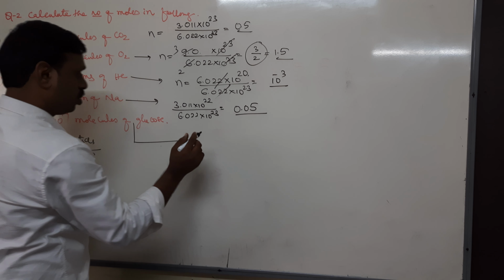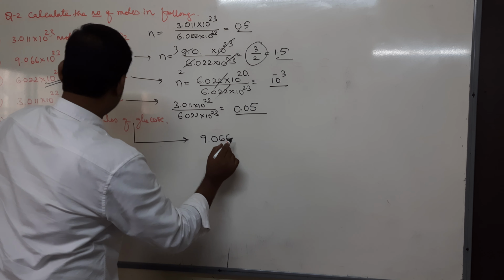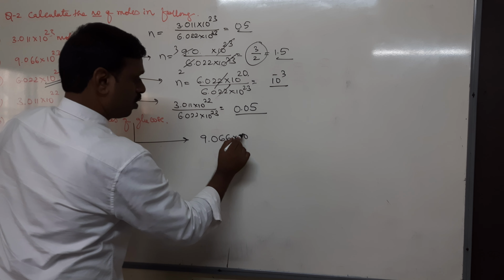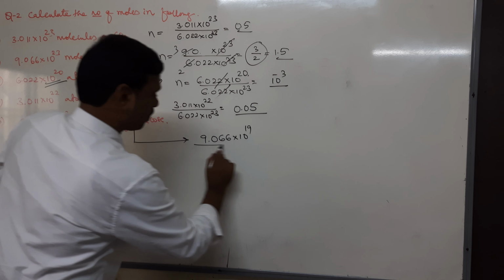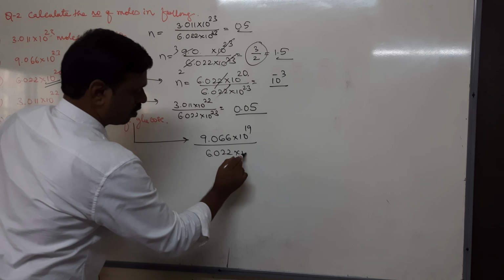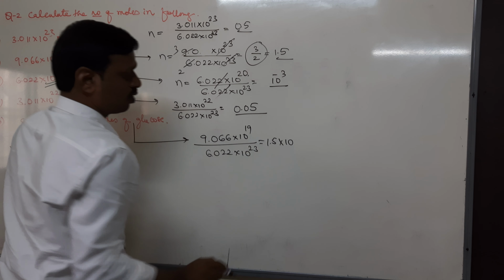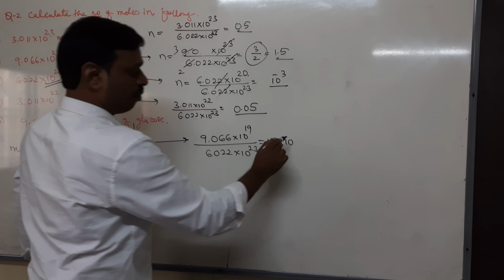Number of molecules given, 9.066 into 10 power 19 divided by 6.022 into 10 power 23, which is 1.5 into 10 power minus 4. So if the particles are given, you can use this formula to calculate mole.